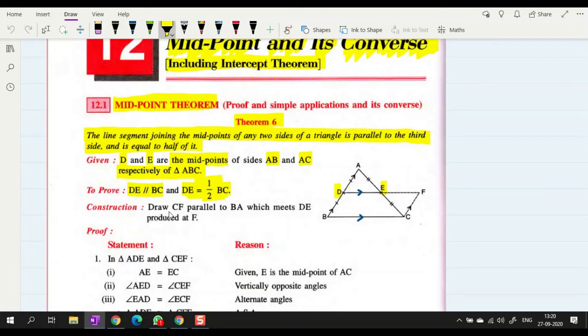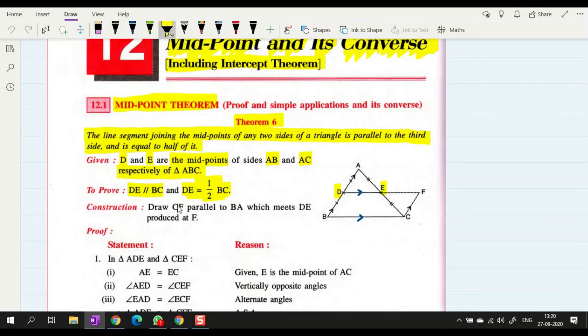And this proof is asked in exams many times. This proof and the proof of the converse of the midpoint theorem are both asked in the exam as a question. So you must remember that to prove the midpoint theorem, this should be your ideal diagram, and the given, to prove and construction should be as per the contents given in the textbook, just as it is.